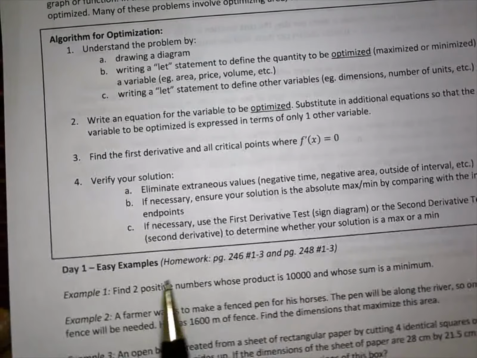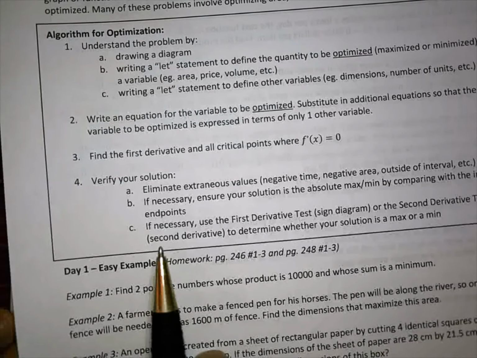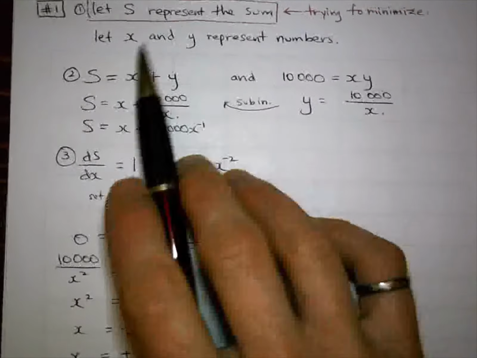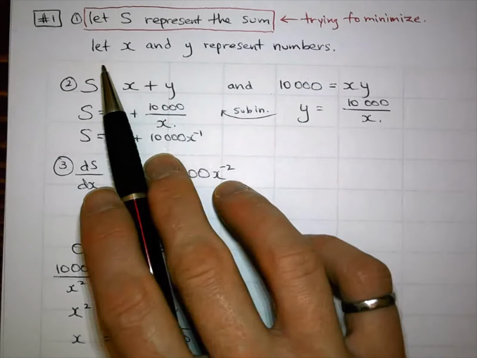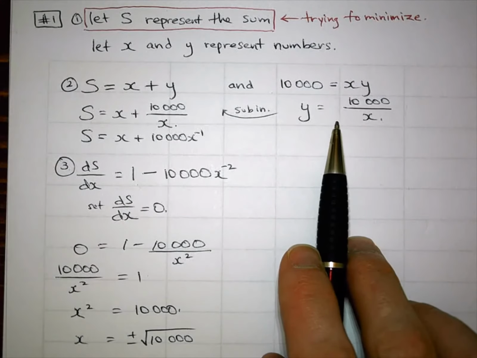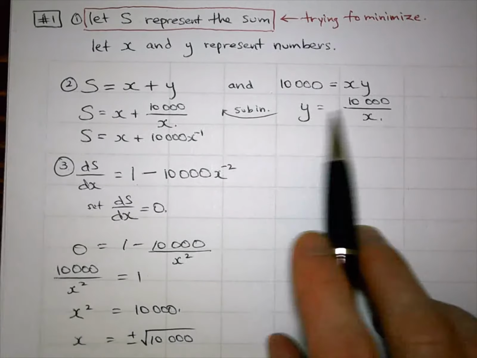So the question said find 2 positive numbers. Well, I did not find 2 positive numbers, I found 1. What is my other number? Well, remember at the beginning, x and y were my 2 numbers. So I know what x is, I have to find the y. Oh look, I have an equation here that gives me the corresponding y value.